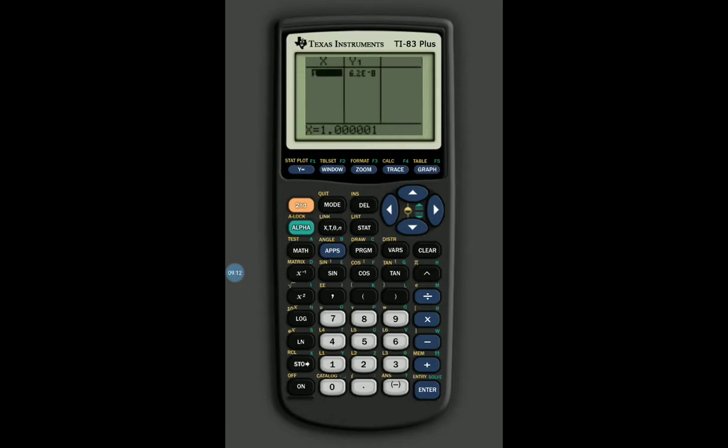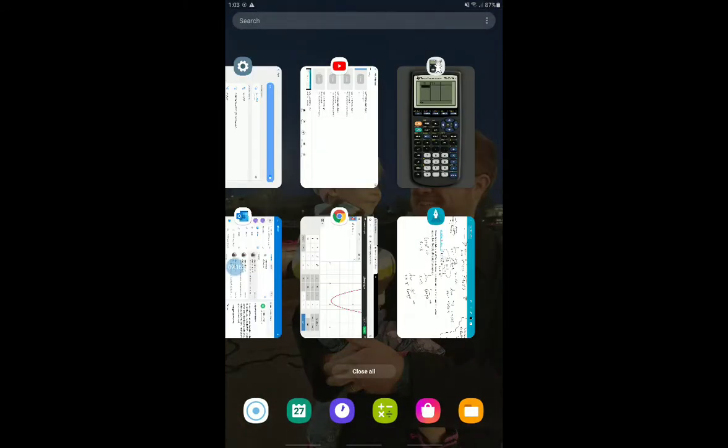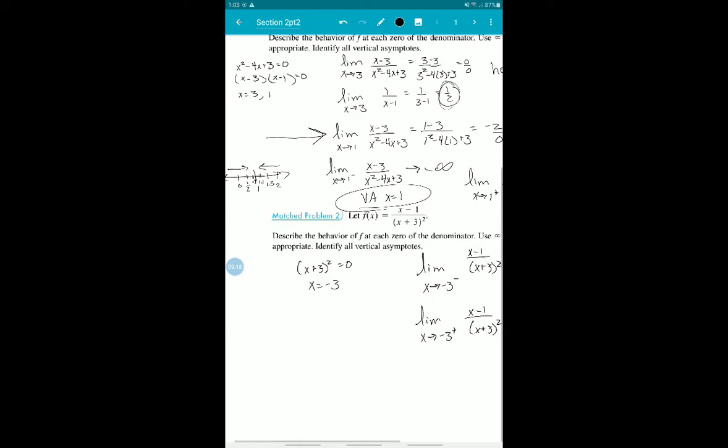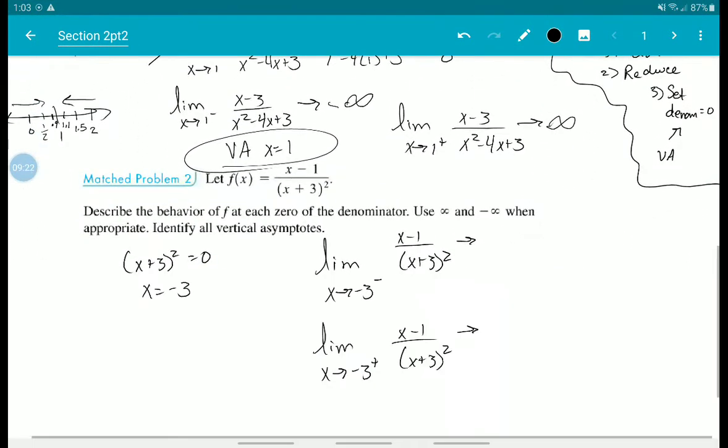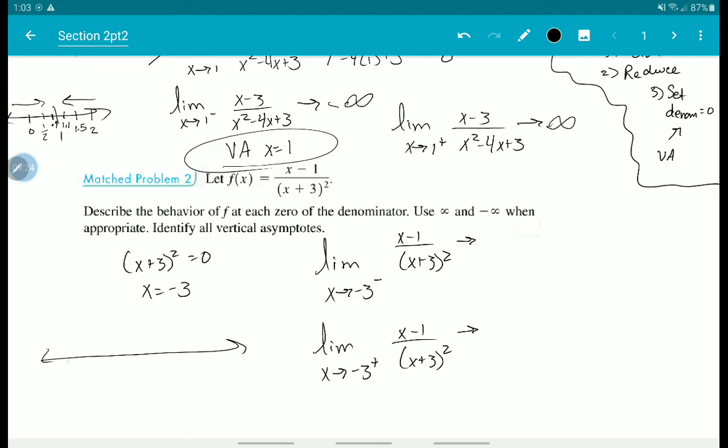and we could fill in the table. So if I'm approaching -3 from the left, let's go back to our number line idea. So here's -3. If I'm coming in from this left-hand side, I'm getting close by looking at -3.5, maybe -3.1, -3.01, and so on.